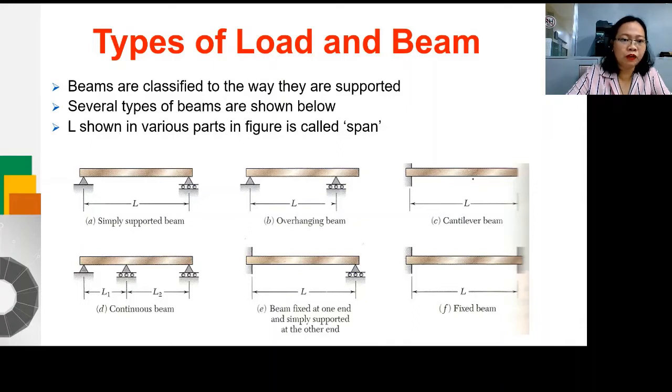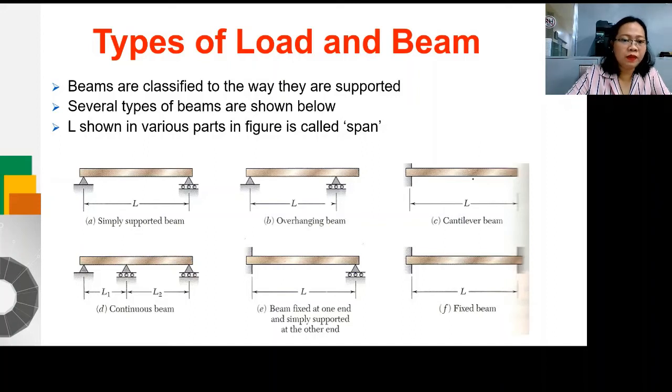So you have two for pin and one for roller, so three. But you can see that the loads applied in the beam are more or less vertical, perpendicular to the beam. So we can always assume that the reaction of pin A along X is 0.